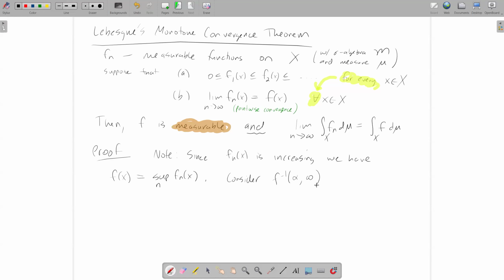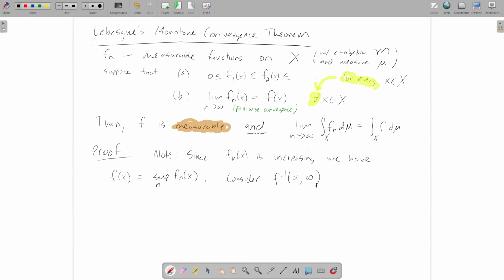I don't want to get involved in all that. Remember what I'm trying to show: that the inverse image of every open set is measurable.